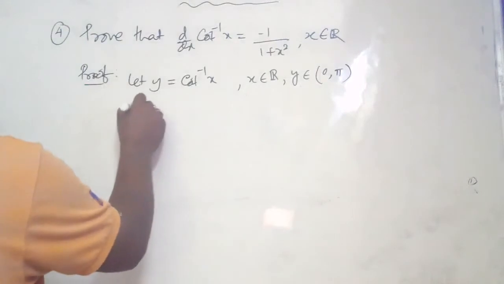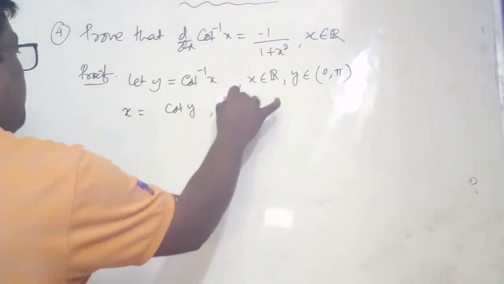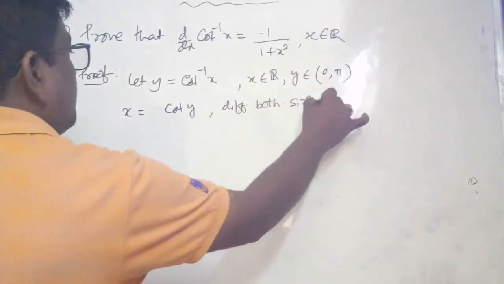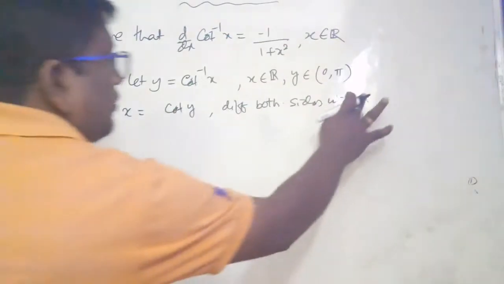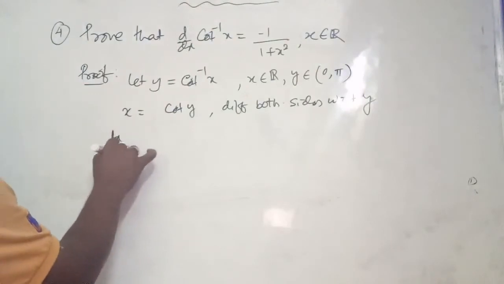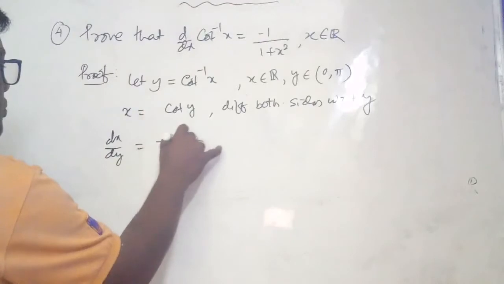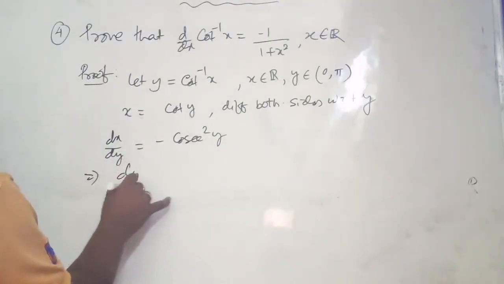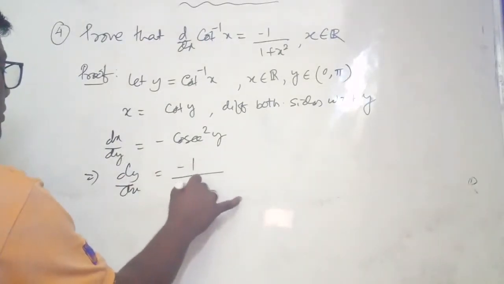Then x is equal to what? Cot y. Differentiate both sides with respect to y. So dx by dy is equal to what? Derivative gives minus cosec square y, and dy by dx is equal to minus 1 by cosec square y.